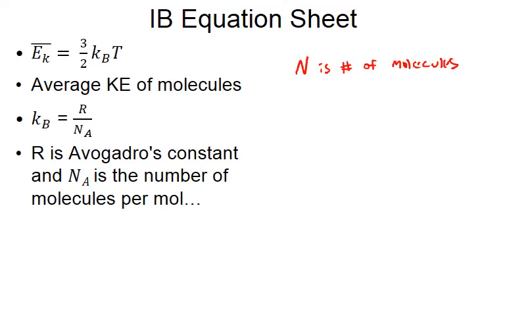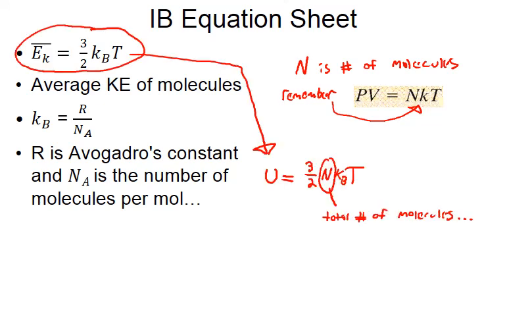And so the N is the number of molecules, and capital N, and so PV equals nRT. k there is Boltzmann's constant. So what we can do is take N as the number of molecules and multiply that by k there.